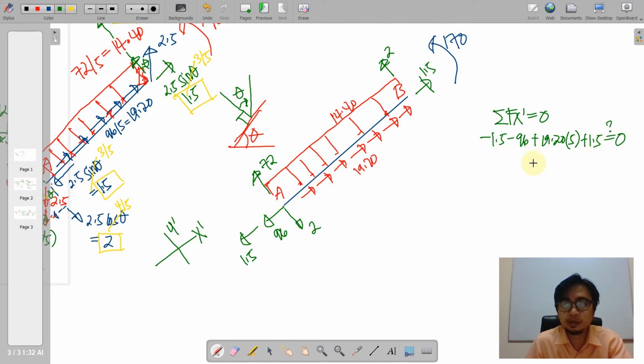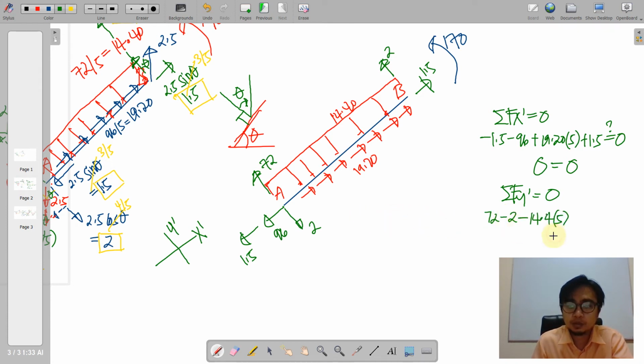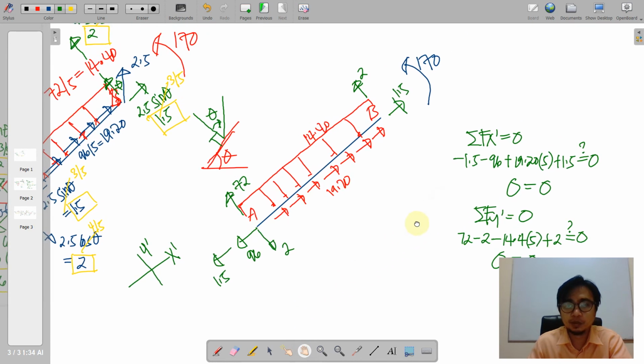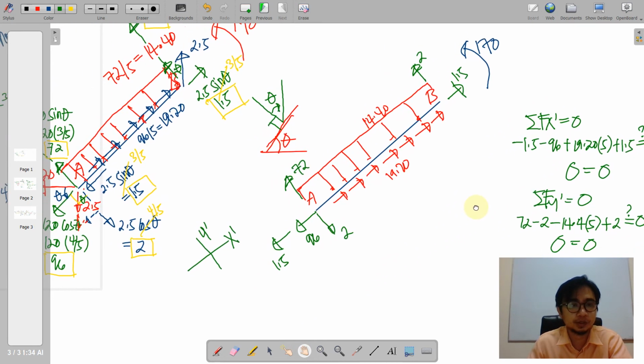Upon calculation, it is really equal to 0. We do the same for the rotated axis y: an upward 72, a downward 2, a downward 14.4 by 5, and upwards 2. Is this equal to 0? It will yield 0. So we are quite sure about the correctness of our solution.